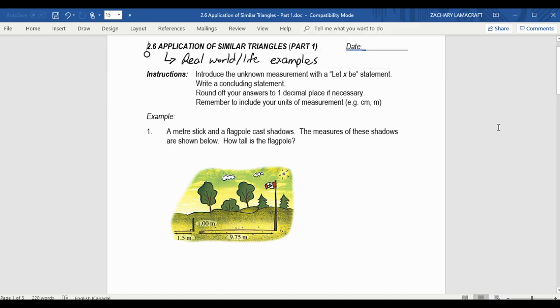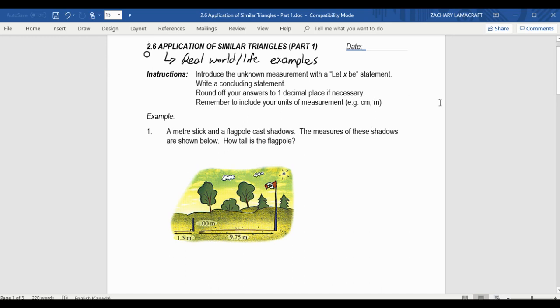All right. So our instructions here are to introduce the unknown measurement with a let x be statement. If you've never used this before, it might be a little refresher, but whatever we're trying to find, we're going to put it as x in our equation.